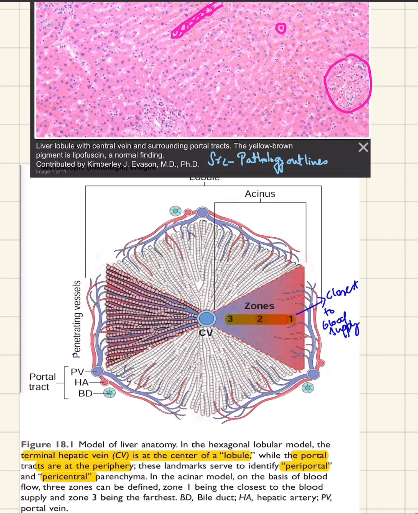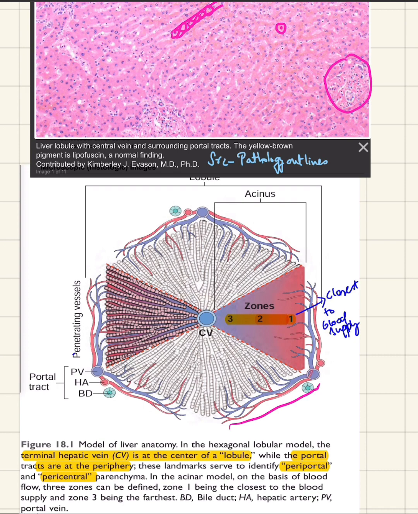So this is the hepatic lobule, and in the corners we have got this portal triad. Portal triad has got portal vein, then hepatic artery, and this bile duct. So these branches supply the blood to the liver.